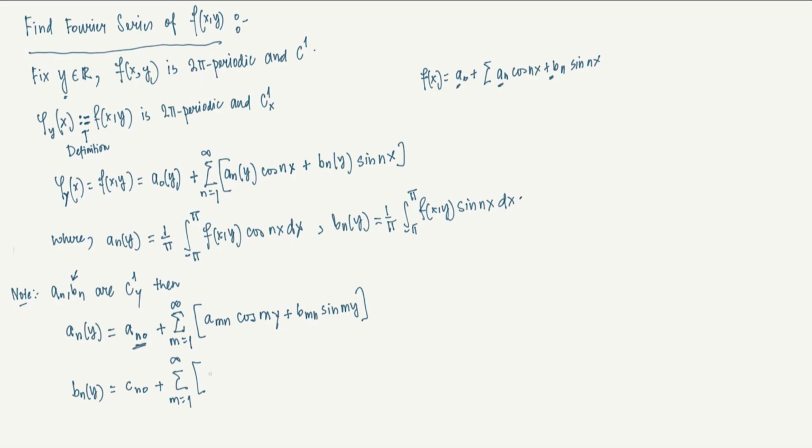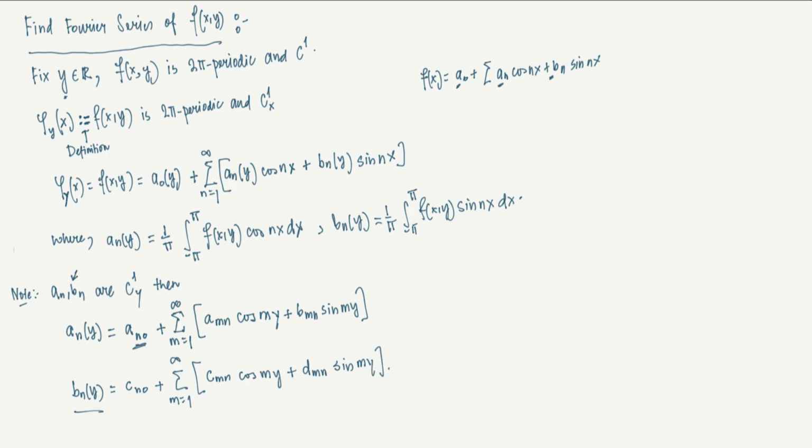So in the Fourier coefficient I am writing, in terms of c, the Fourier coefficient of this function b_n. Okay, and then you have c_{mn} cosine my plus d_{mn} sine my. I hope this is clear.